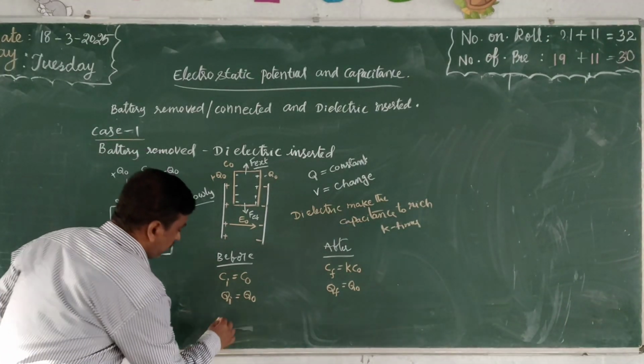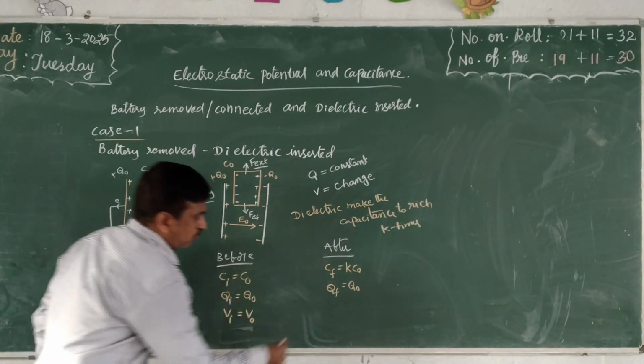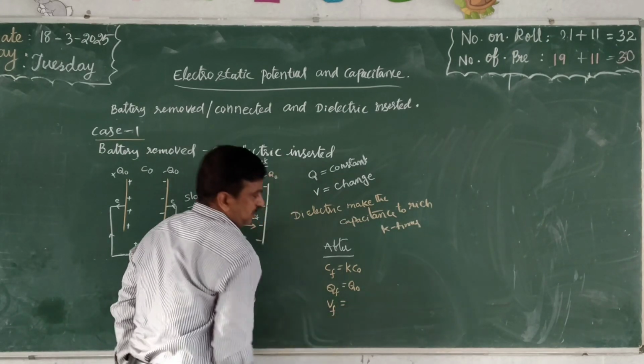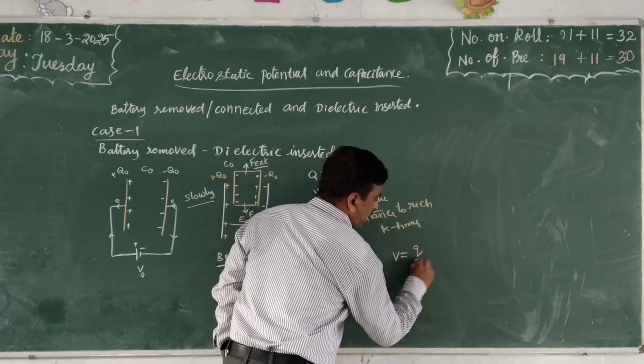What about the potential? The initial potential is V naught. What about the final potential? We can write potential as charge by capacitance.